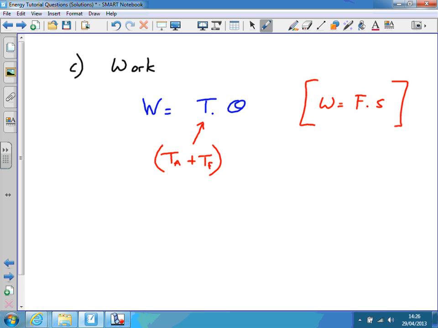So that's the total torque. Multiply that by theta, and we'll get the work done. And when you do that, you should find that you get an answer of about 32,000 joules to two significant figures for the work done.